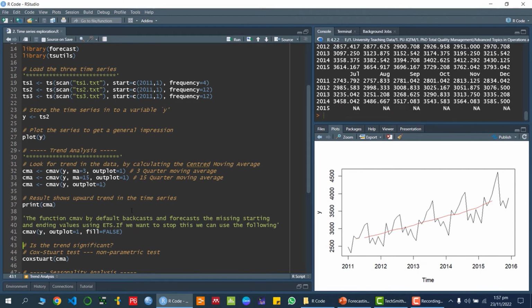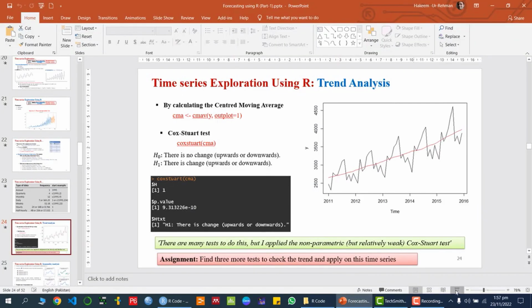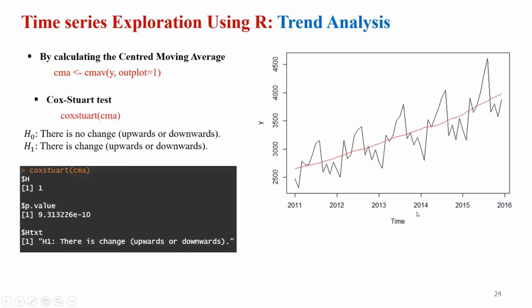Okay, so remember that. Right now, as we can see with the help of this plot, it looks like there is a linear trend, but we can also perform a test which is basically called the Cox Stewart test.